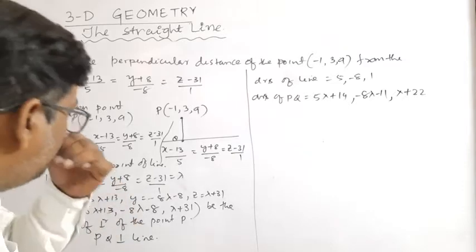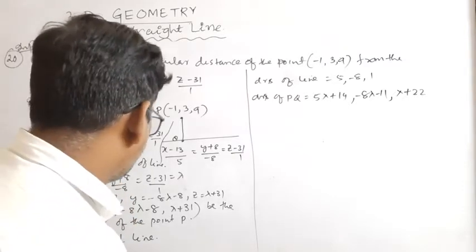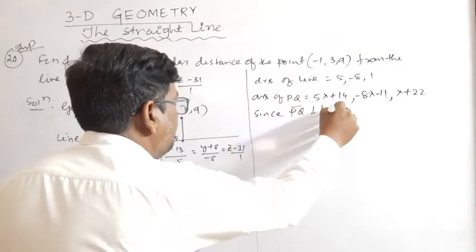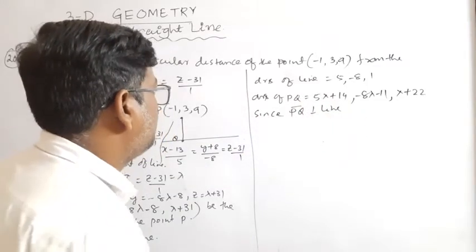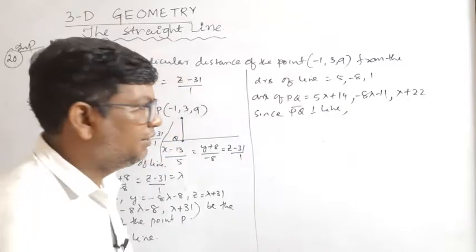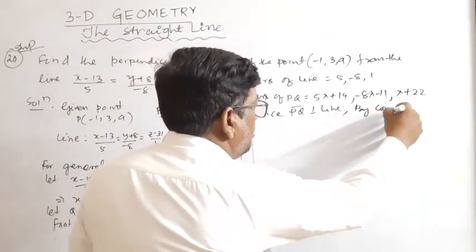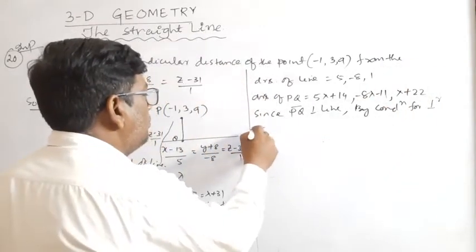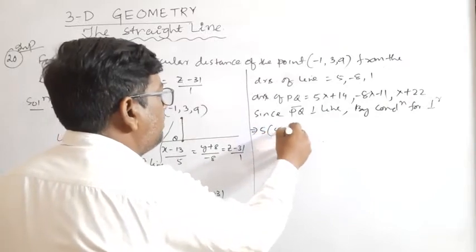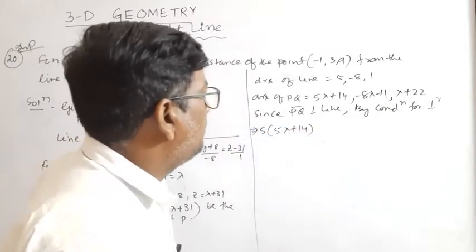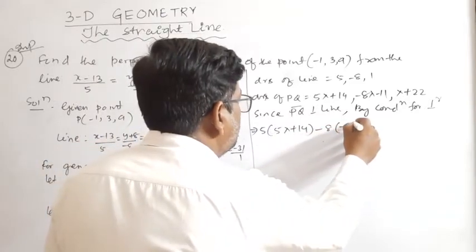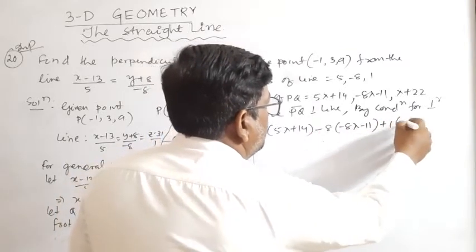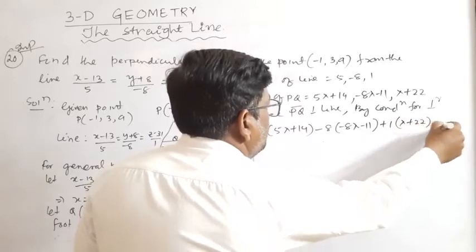Now apply the condition: since PQ is perpendicular to the line, apply the condition for perpendicular. That implies 5 into (5 lambda plus 14) minus 8 into (minus 8 lambda minus 11) plus 1 into (lambda plus 22) is equal to 0.